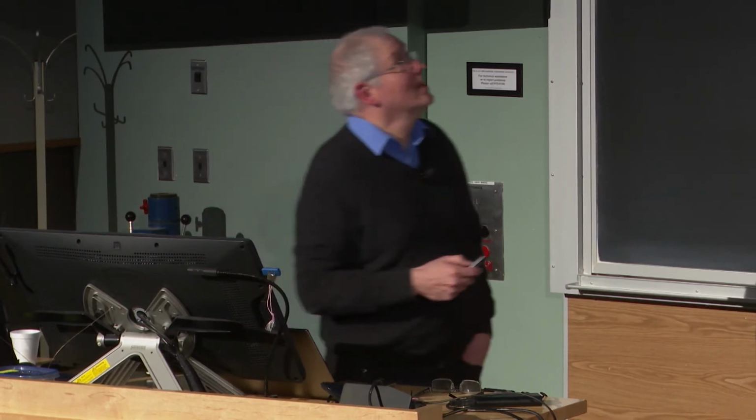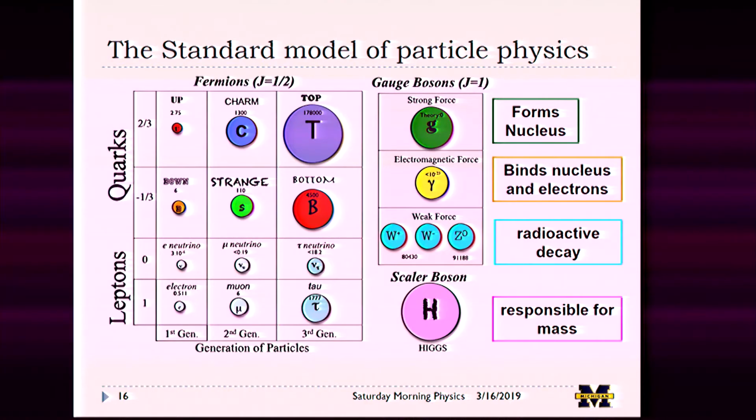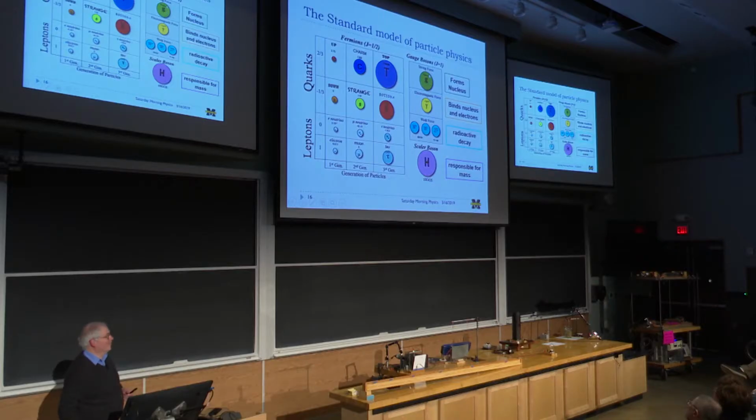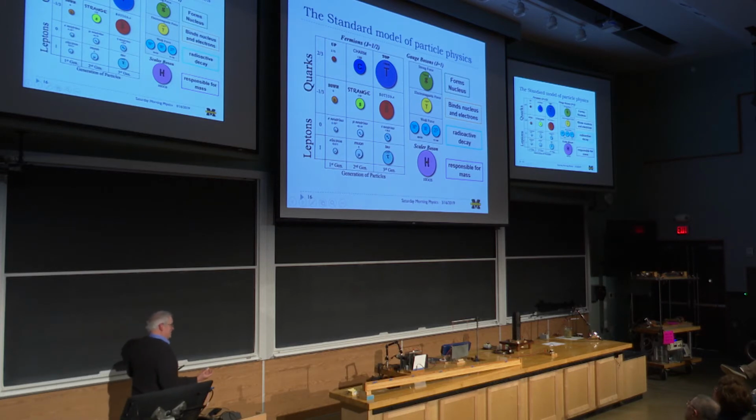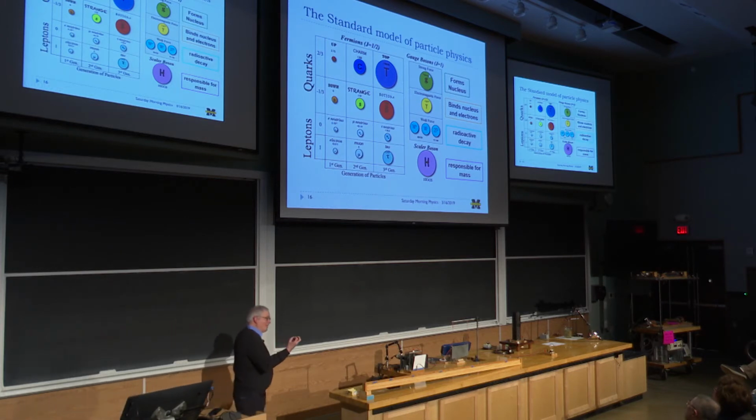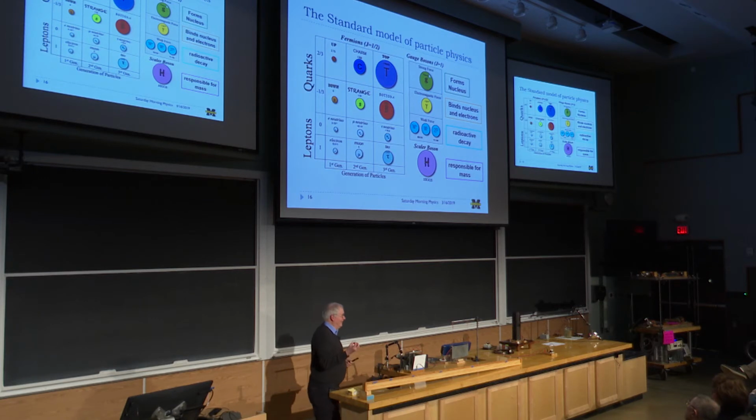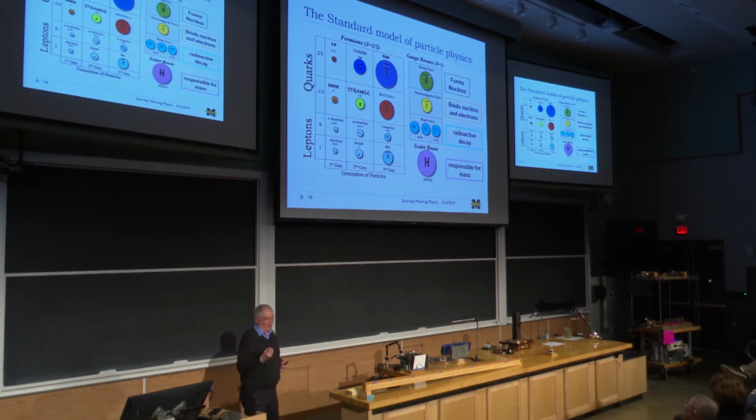This is the standard model of particle physics, consisting again of quarks and leptons. Here are the quarks up here. Here are the leptons down here. And these are the force carriers. This is what carries the strong force, and because it is needed to glue these protons together in the nucleus, this force carrier is called the gluon.